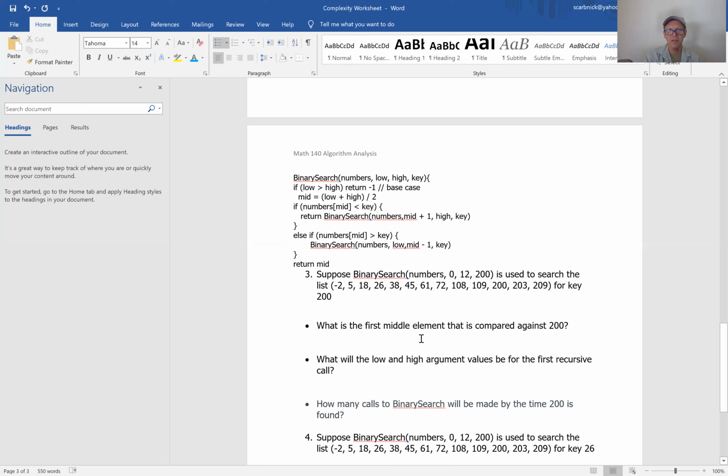I'll even type that out, even though we're not asking for that. So low is that first number. The first time we call binary search, low is 0 and high is length minus 1, and it's 12. And then mid is equal to the average of the two.